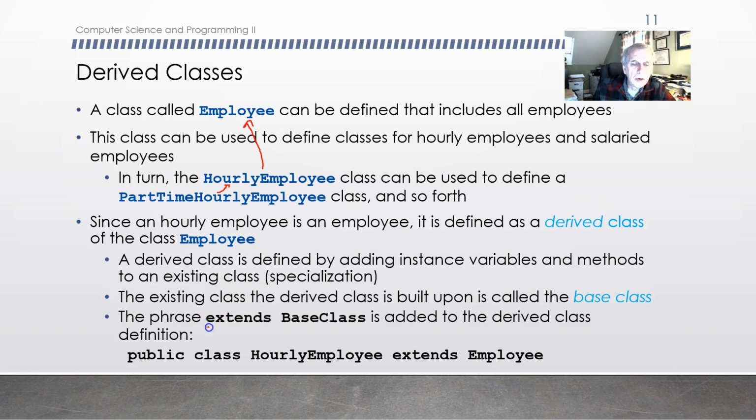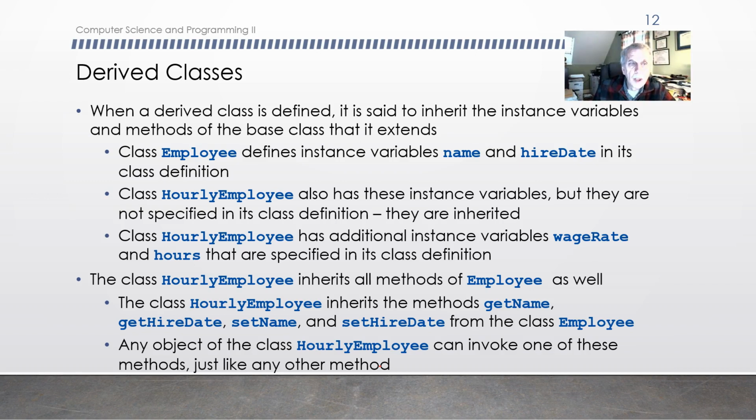We're going to say in general that the subtype of hourly employee will extend whatever base type or class we're inheriting from. So we would say hourly employee is going to extend employee in general. When we have a derived class, it's said to inherit the instance variables and the methods defined within the class it is extending.